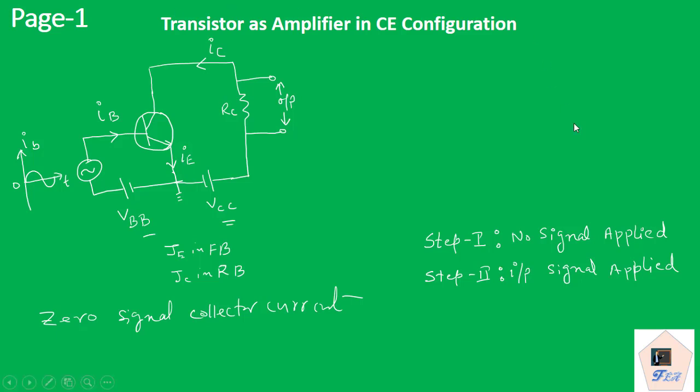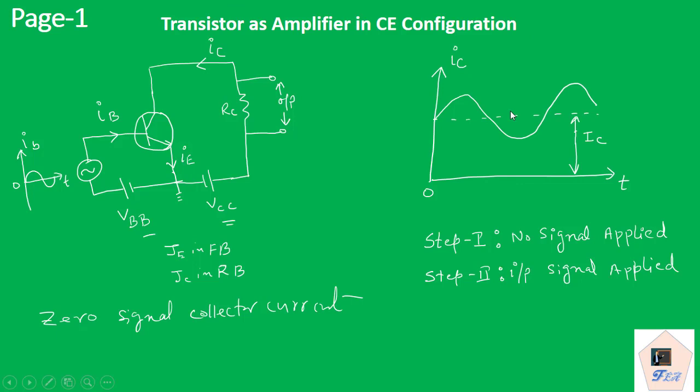Now if we have a look at this figure, we find the total collector current, which is denoted as small i capital C. This notation is very important. This is the total collector current, and it has two parts. One is the DC current, capital I capital C, which is basically your zero signal collector current.